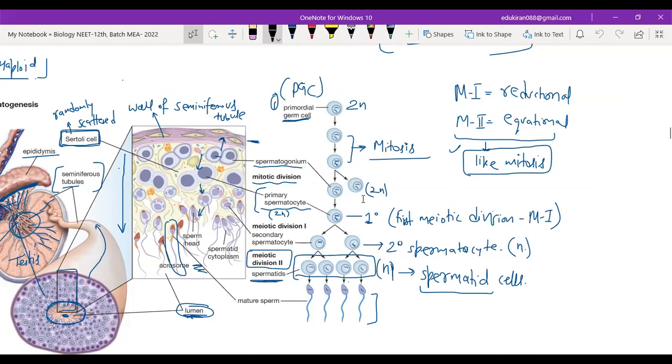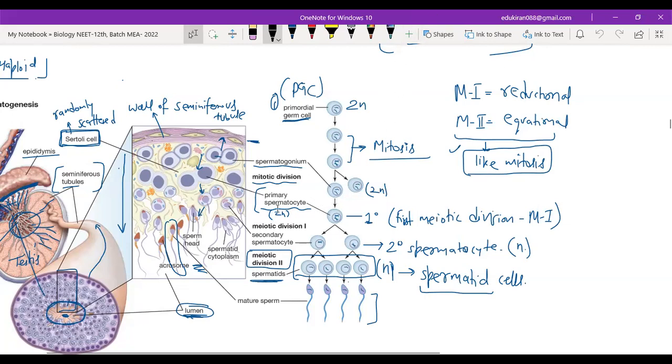Spermatogonium cells are again diploid. They again undergo mitosis and give rise to primary spermatocyte. The name spermatocyte may make you think it is a sperm, and if so it should be haploid, right? That's not the case.